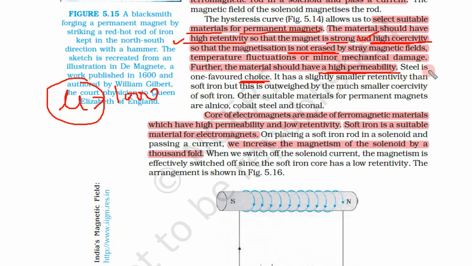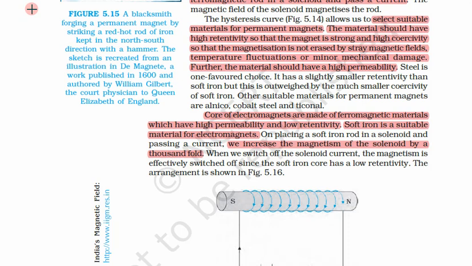So what is the problem with steel? It has a slightly smaller retentivity, that means less retentivity than soft iron, but this is outweighed by the much smaller coercivity of soft iron. The problem with soft iron is that it can retain more magnetization, but its coercivity is very low.